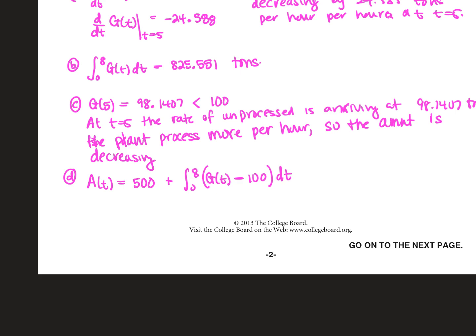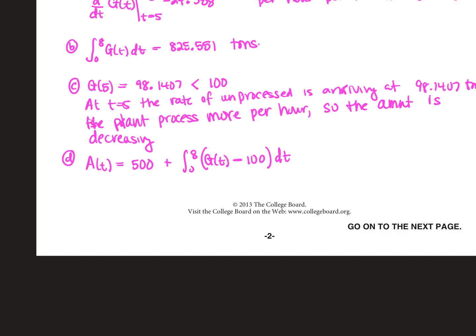So if we want to know when this is going to be a maximum, we have to take the derivative of this, set it equal to 0. So that's going to be where G of T minus 100 is equal to 0. That's asking where G of T is equal to 100. And if we use our graphing calculators, we'll find that it crosses at 4.923.